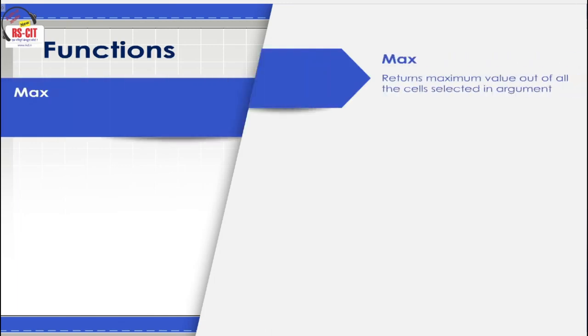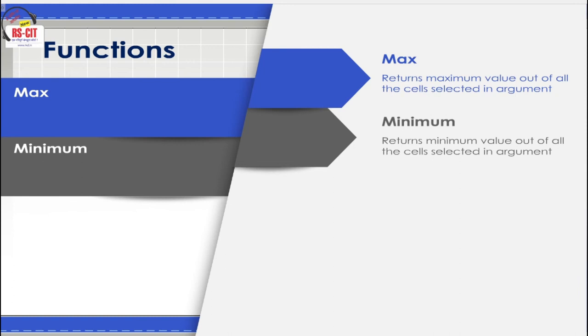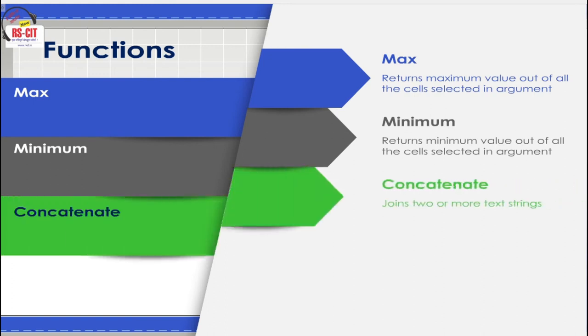Function MAX. Result: returns the maximum value out of all the cells selected in the argument. Function MIN. Result: returns the minimum value out of all the cells selected in the argument. Function CONCATENATE.